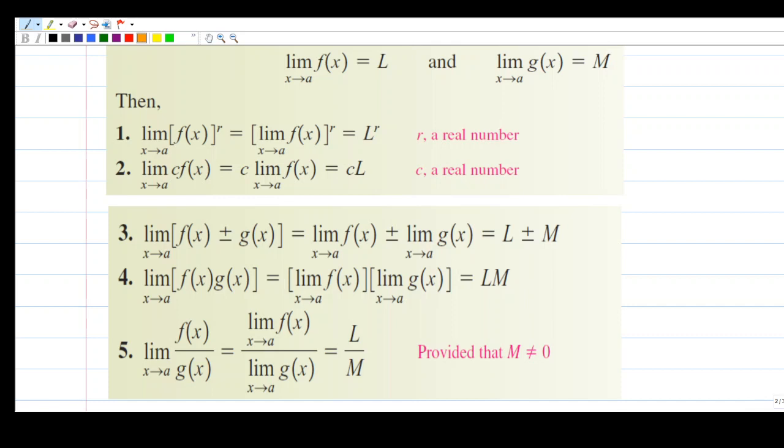And from above, you do the substitutions for those limits. This is provided that M is not equal to 0. Right? If M is equal to 0, then we'll need some other method to evaluate the limit.